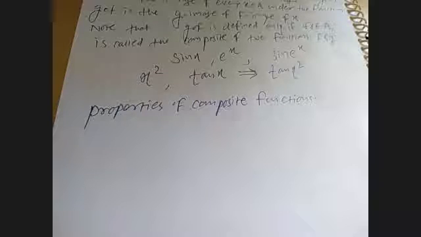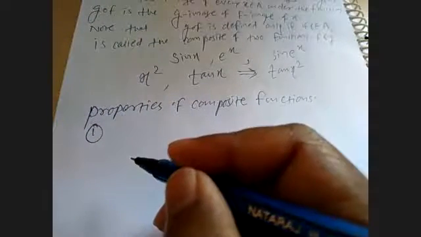The composite of functions is associative. Composite of functions is not commutative. These are the properties of composite functions. First property: the composite of two bijections is a bijection.